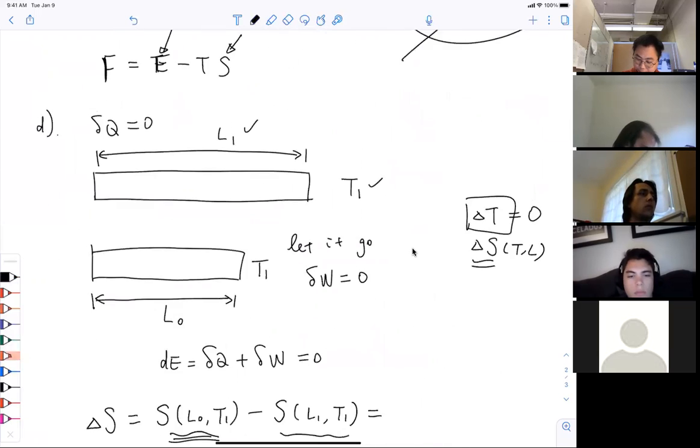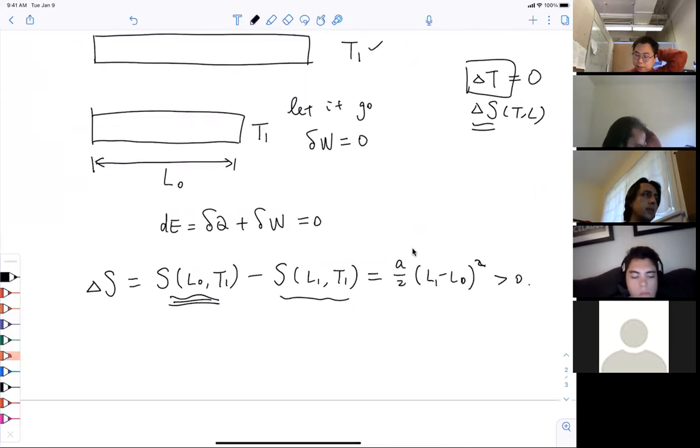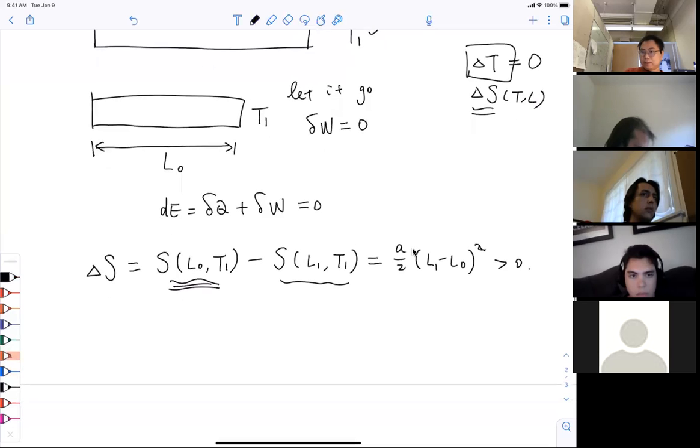So it's positive. The entropy is increasing. Yeah, so that's part D.